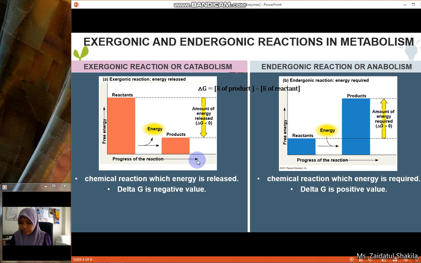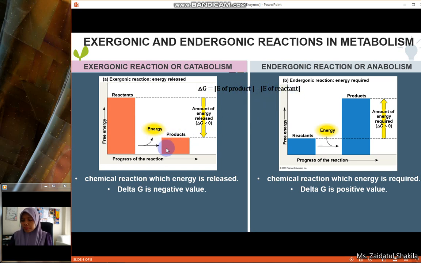Sometimes we call it a reaction coordinate. Exergonic is the reaction in which energy is released and the delta G has a negative value. How do I know that? We use this formula, which is delta G equal to energy of product subtract energy of reactant.